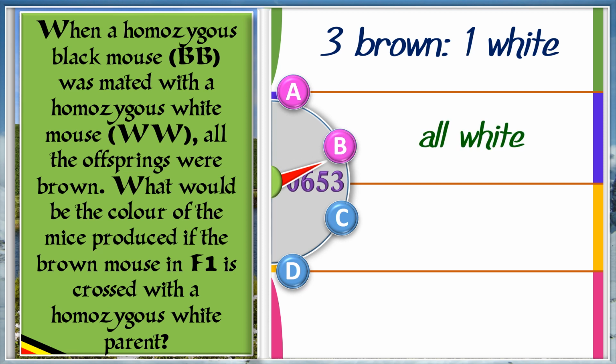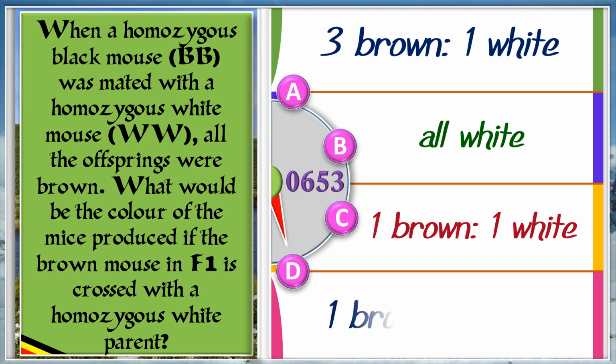B, all white. C, 1 brown, 1 white. D, 1 brown, 3 white. The answer is C, 1 brown, 1 white.